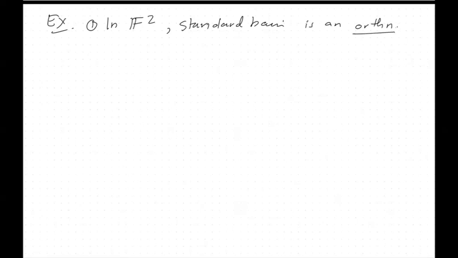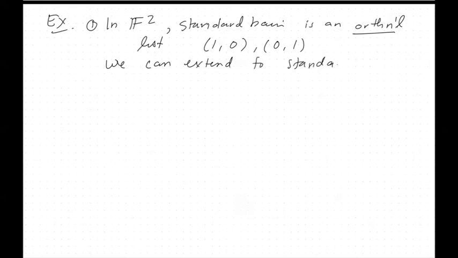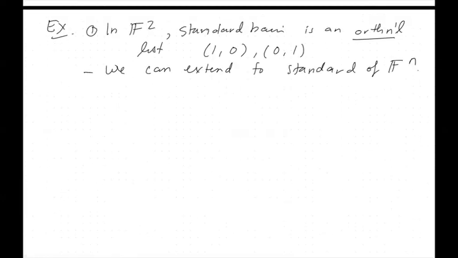Let's recall this is (1, 0) and (0, 1). And then, of course, we can extend to the standard basis of F^n, and this is an orthonormal list.